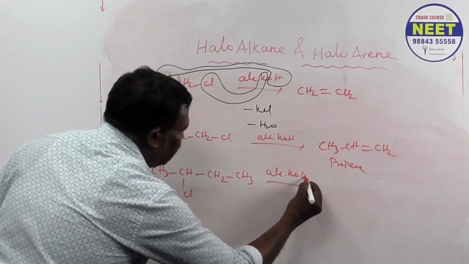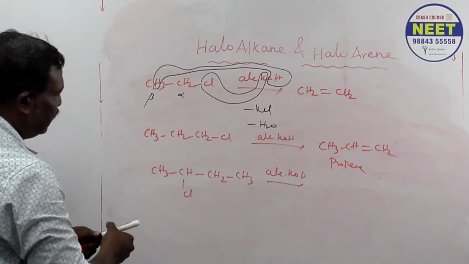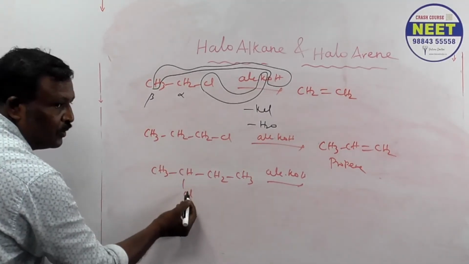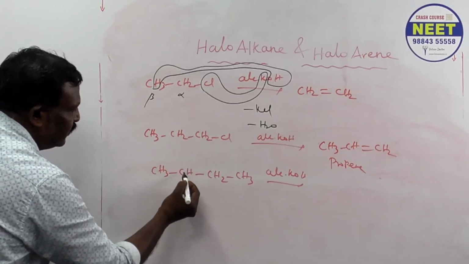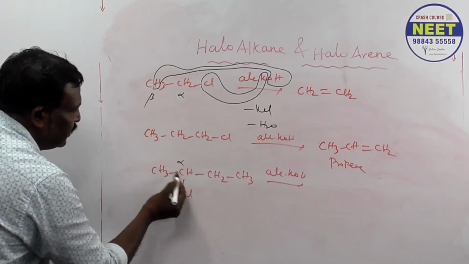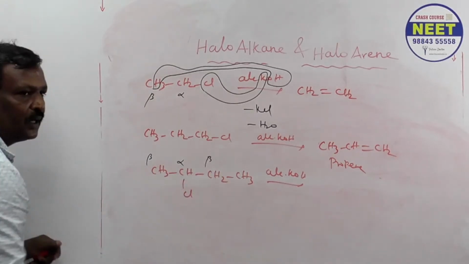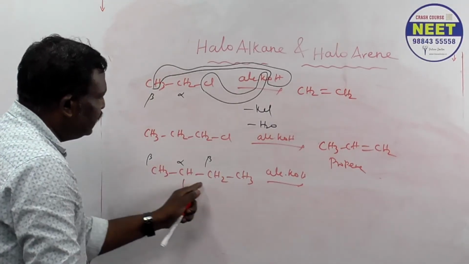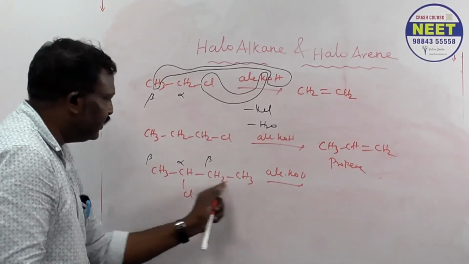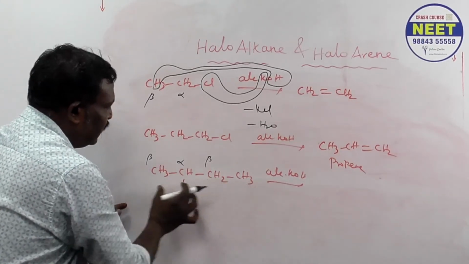See, here, which is alpha? Now tell me, which is alpha carbon? It's very important. This is alpha, no? This is beta. This also is beta. Nearer, no? Which beta can we take? The longer side. Here two carbons, no? Just remember like this. Two carbons here, one carbon here, no?